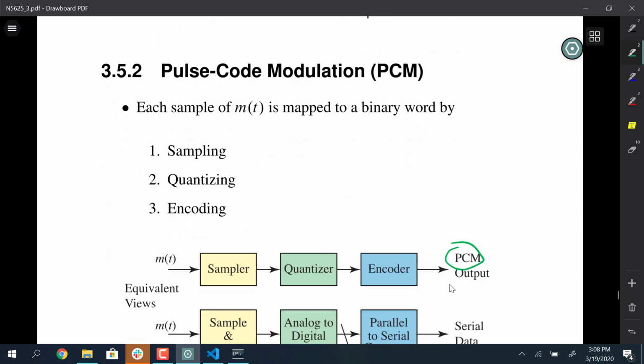Pulse code modulation is kind of where I was at when we signed off. We covered part of this. This is probably the most common, the most popular way of digitizing speech and getting it into, say, a device like a cell phone or the medium that I'm using right now to get audio sent out over a video screencast.